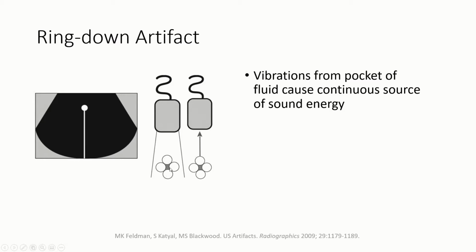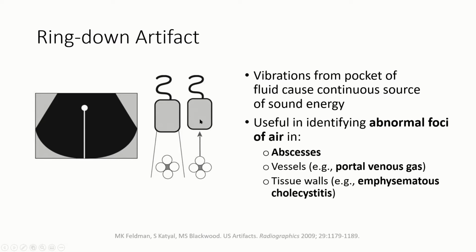So this is fluid, and then this is bubbles, and those vibrations cause a continuous source of sound energy going back to the transducer and noticed as ring-down artifact. This is useful when we identify abnormal foci of air in abscesses, portal venous gas, emphysematous cholecystitis or emphysematous pyelonephritis.